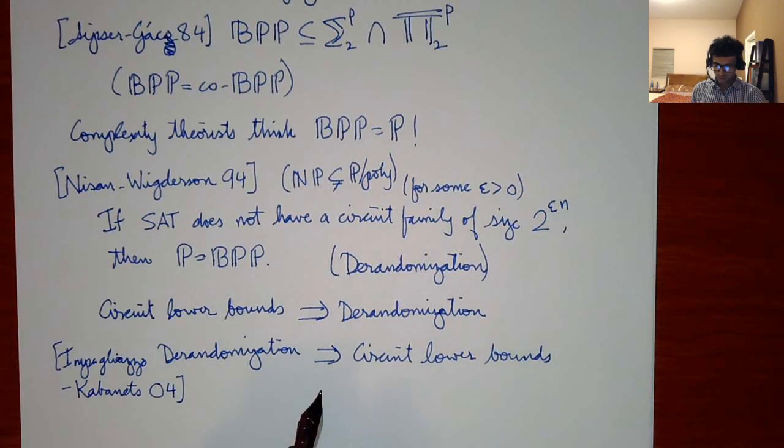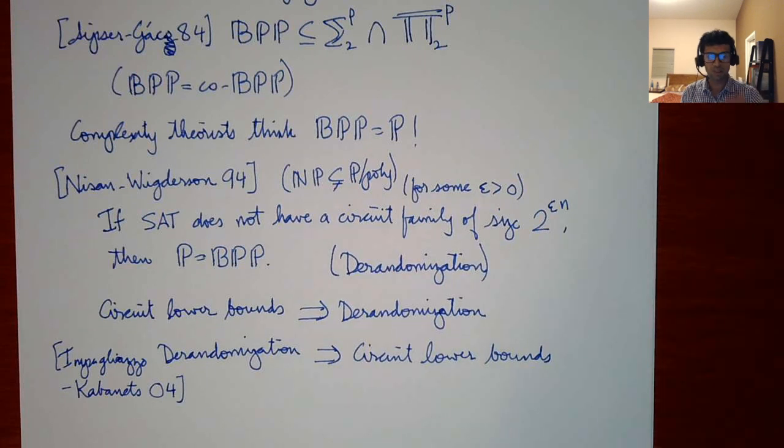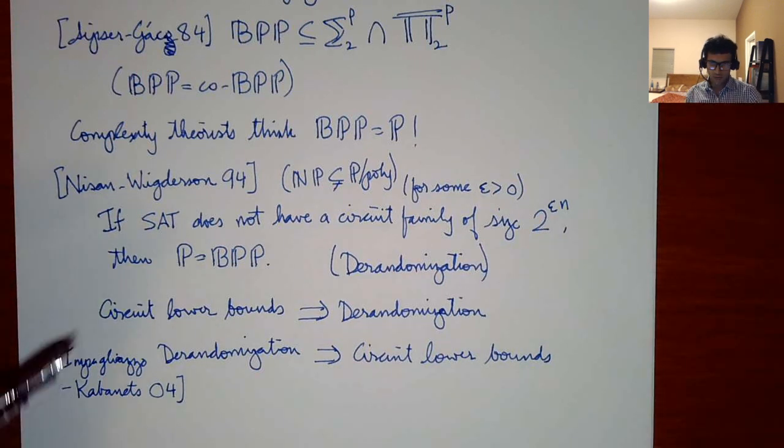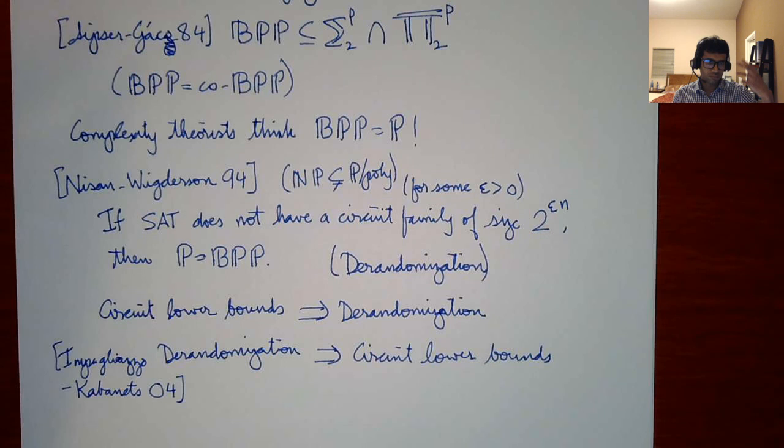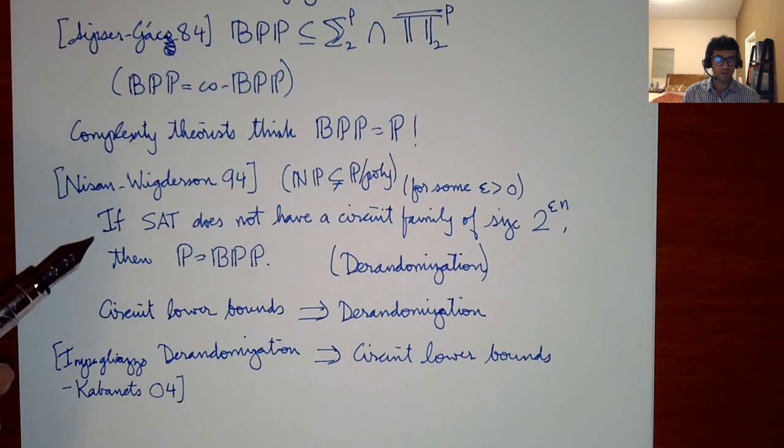So what it shows is that this notion of de-randomization, which is saying that BPP is P, and in some sense the primary challenge of complexity theory, which is to prove circuit lower bounds, or to prove lower bounds, to show P not equal to NP, these are actually related. So this is almost like saying that if P is not equal to NP, then P is equal to BPP.